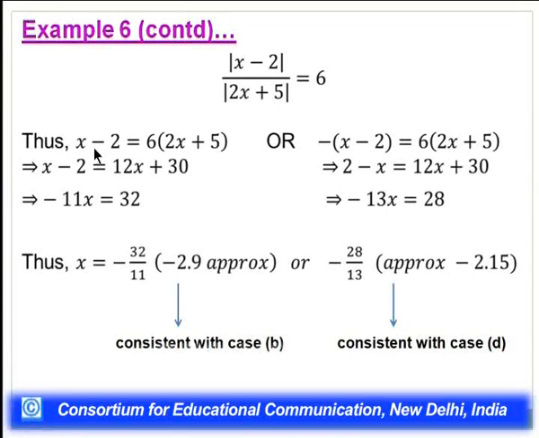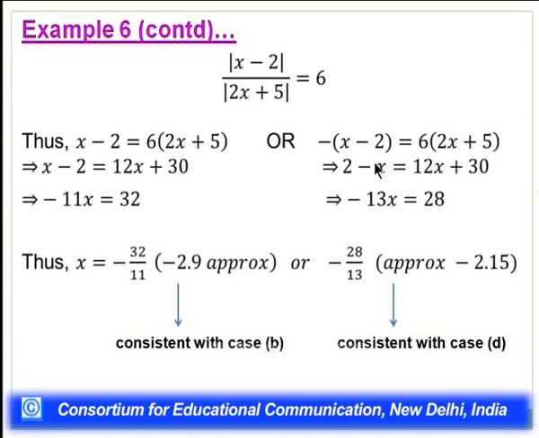On the left hand side, I have x minus 2 which is equal to 12x plus 30, and if I take 12x to the left hand side and 2 to the right hand side, I get minus 11x is equal to 32, or x is equal to minus 32 by 11.